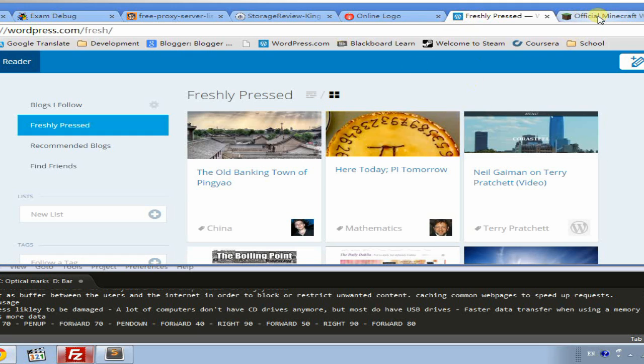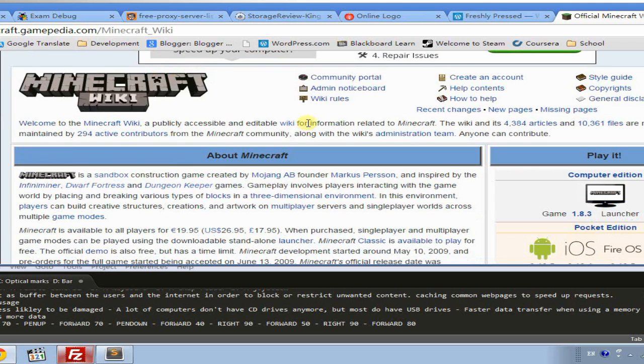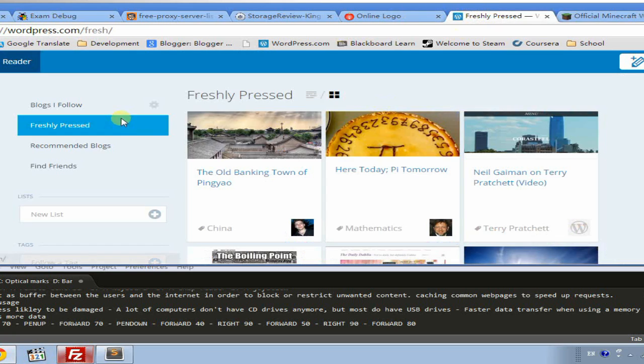Whereas a wiki, so this is the Minecraft wiki. Minecraft is awesome. If you don't play it, you should try it. This is a Minecraft wiki, which is giving us more information. It's more content based, and it's less opinionated. It's more factual. So when we're comparing the two, that's a lot of what we're looking at. Also, generally, a blog is going to be made by a single person.